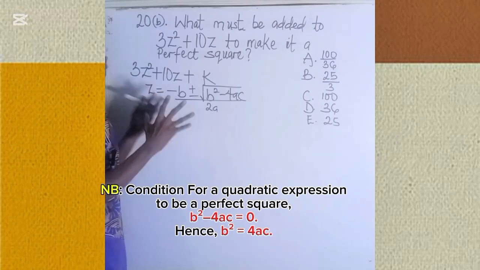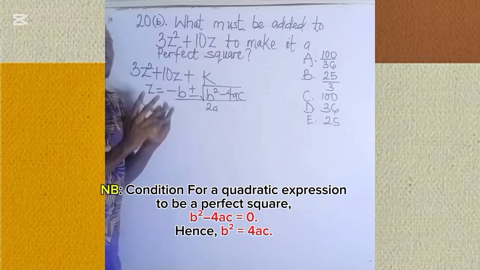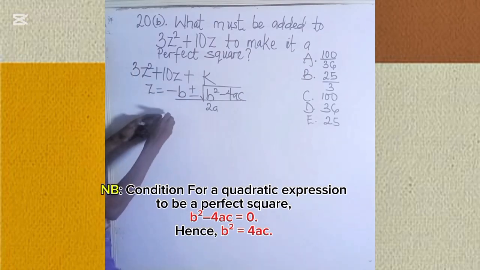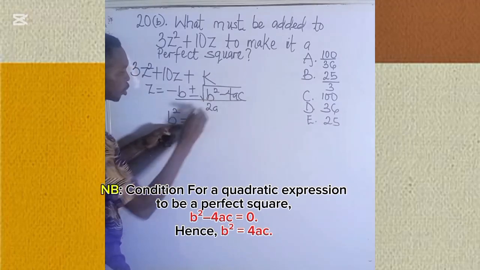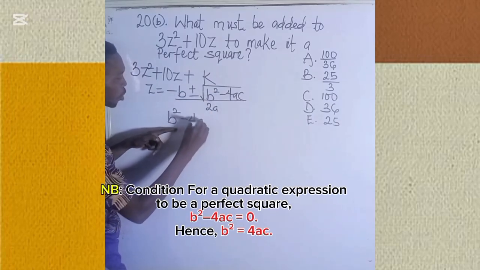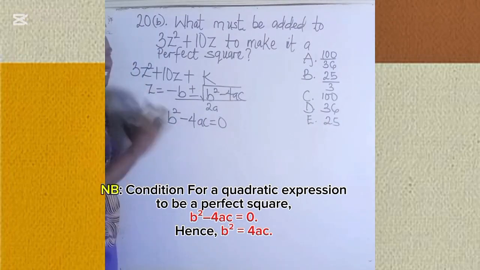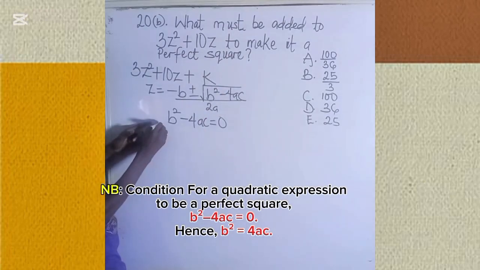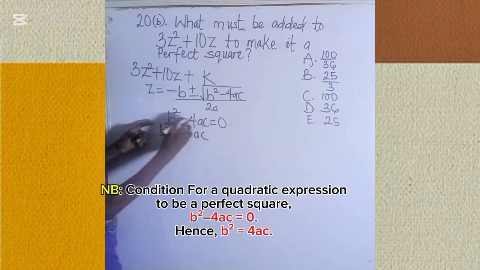For every perfect square quadratic expression, take note, b squared minus 4ac must always be 0. So this implies that b squared should always be equal to 4ac.